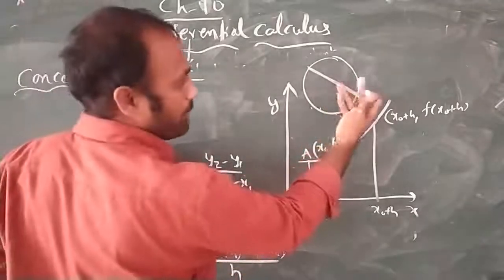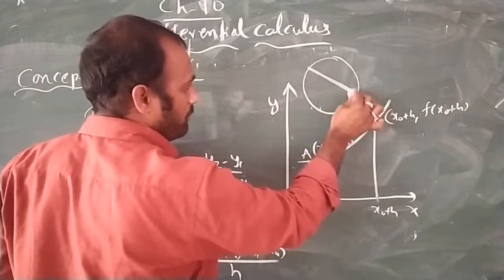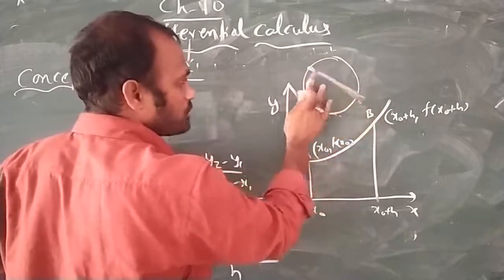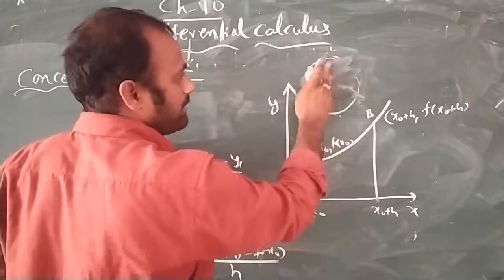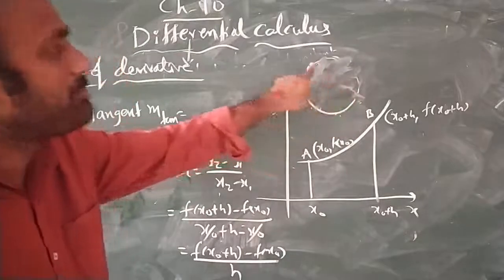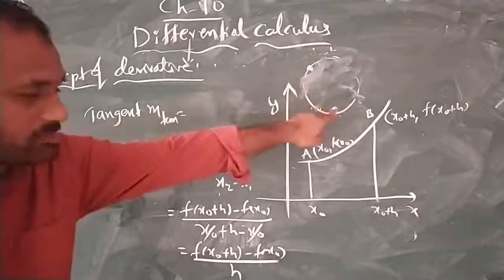Let us blast the balloon. If you blast the balloon, what will happen to this point? The point will move and it will touch the tangent. It means the secant line is wrapping up and becoming a single point, so the secant is becoming the tangent in terms of the curve's concept.